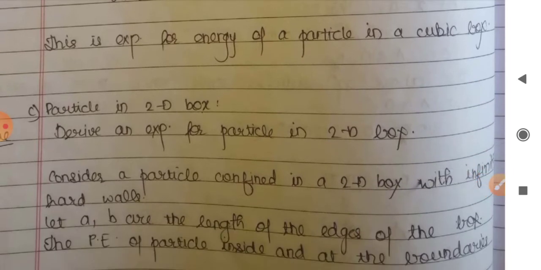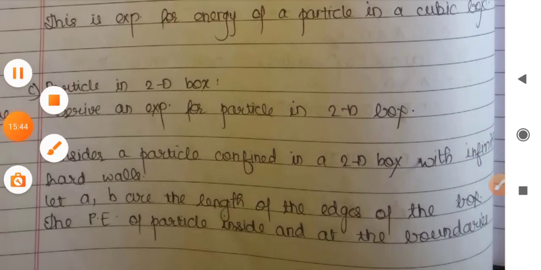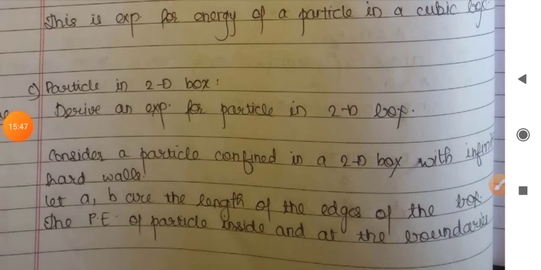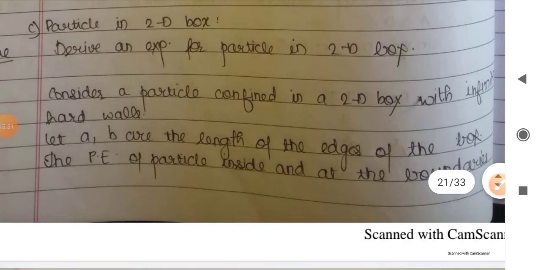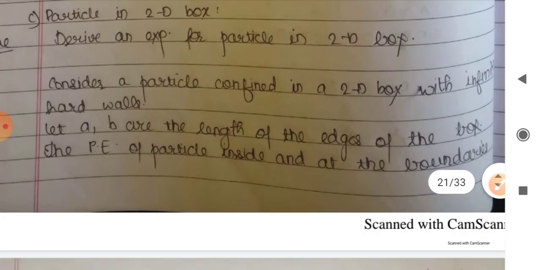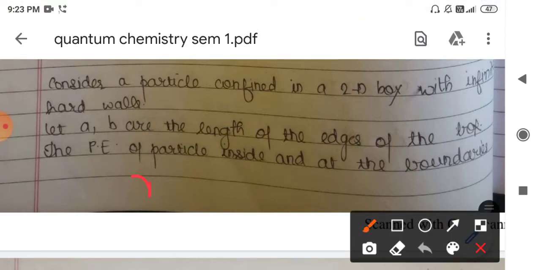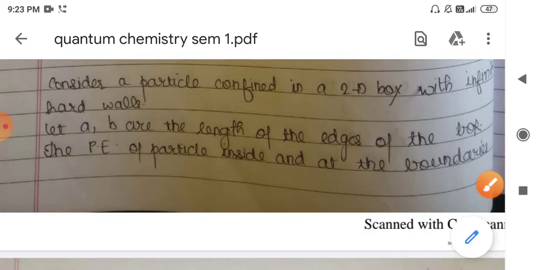Next is the energy equation for the two-dimensional box. The energy equation of the two-dimensional box will consider the motion of the particle along x and y direction. The same type of derivation we have done for 1D and for 3D, and now we will do it for the two-dimensional box.